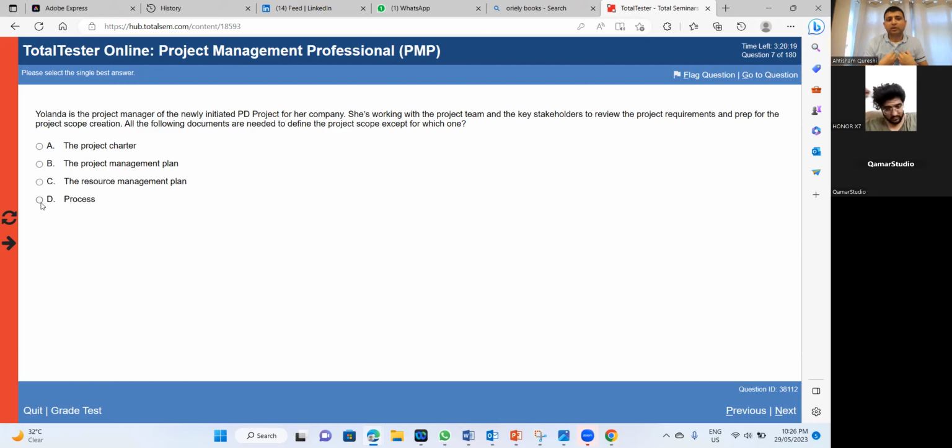Yes, you may need a process to define the scope, which means that you may need to first collect your requirements, and then decide which of the collected requirements are most important to consider within the scope, and then you define your boundary, that's my scope.